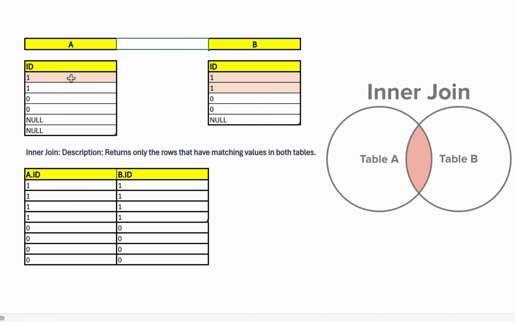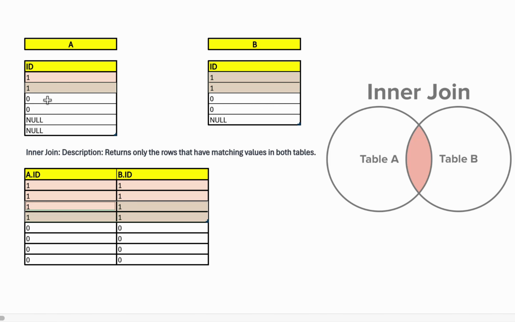Because we have two matches for this one in table B, we get two rows in our final output for this. Again, if we look at the next row in table A, we have 1 and again two matches in table B. So we again get two more records in the final output.